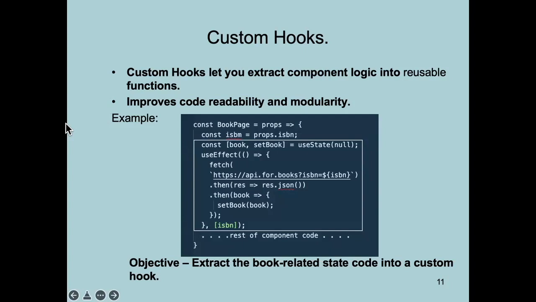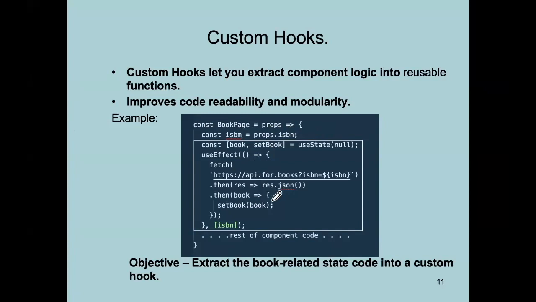The way we've written it, we have a state variable, a useState hook, that looks like it's going to contain a reference to the book object itself, and it allows us to change the book object, in other words, change the page to look at a different book, a bit like the movie details page. We've got a useEffect hook that's more than likely making an API call to some backend that is going to provide the book details.